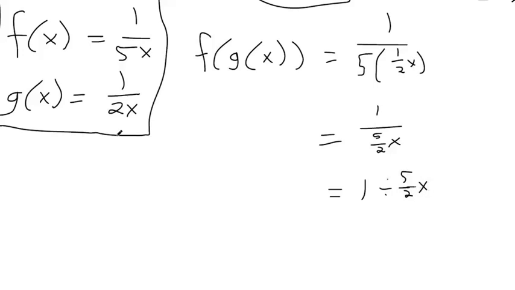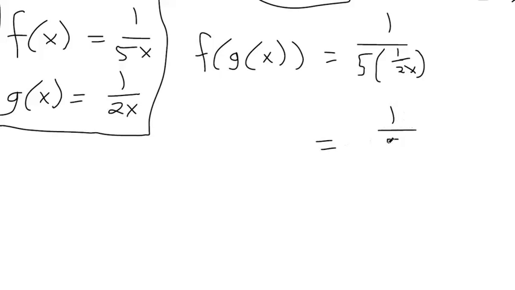Okay, and if the x is written to the side, oh, wait a second. I did that wrong. I'm sorry. That's 1 over 2 with x clearly in the denominator. There we go. Okay, let's redo that. That's 1 over 5 over 2x. So this is 1 divided by 5 over 2x.